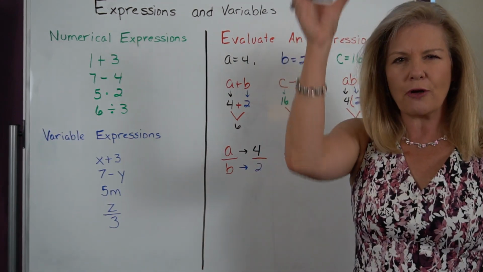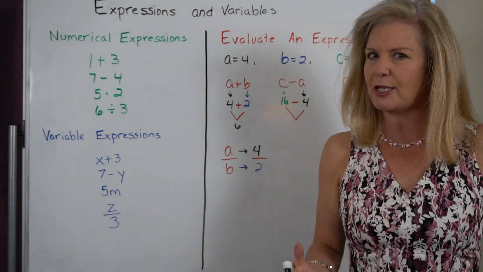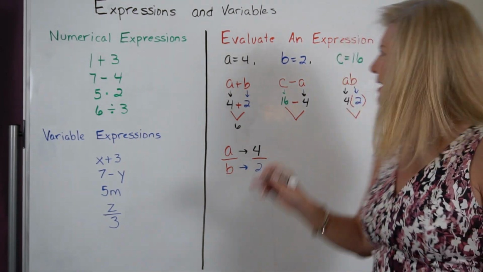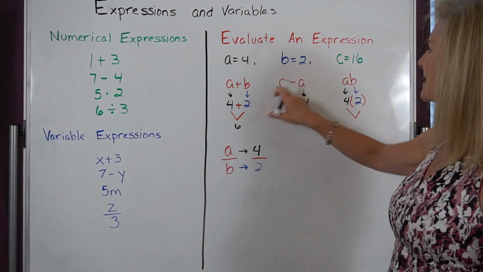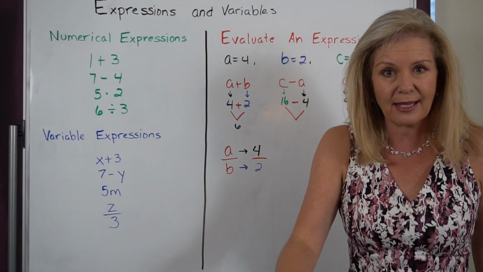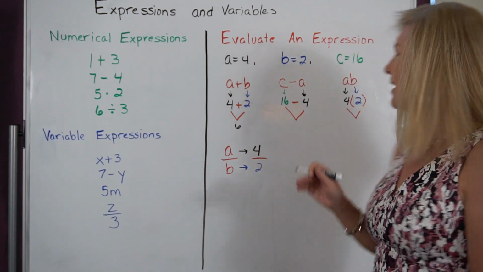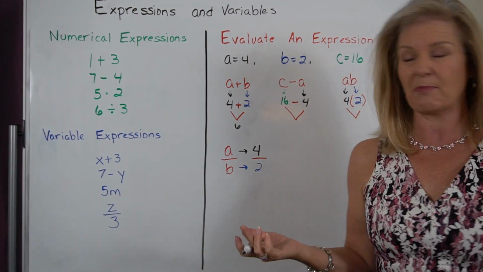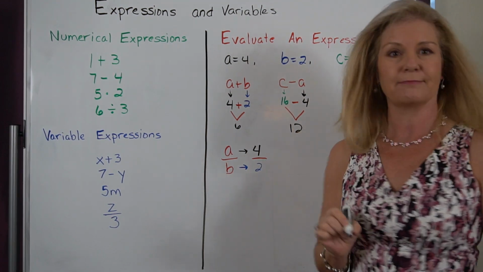Now notice I'm solving down because I'm not using the equal sign because expressions don't have equal signs. So same thing here. If I have C minus A, well, the only way I can solve that is I have to plug in what C is and plug in what A is. Well, C is 16, A is 4, 16 minus 4 is 12.